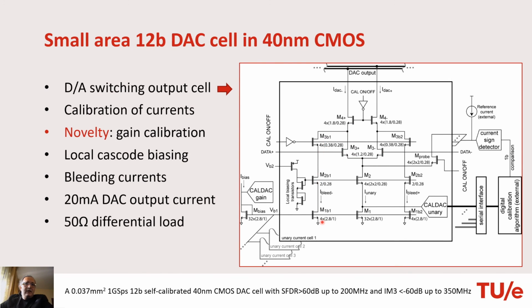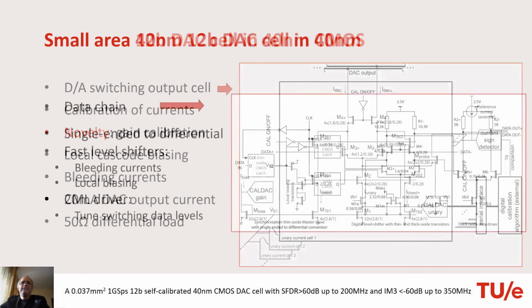These bleeding currents will always keep M4 plus and minus turned on and in saturation. Then the total output current is 20 milliamperes, which is terminated on a 50 ohm differential load. So this is the output cell.